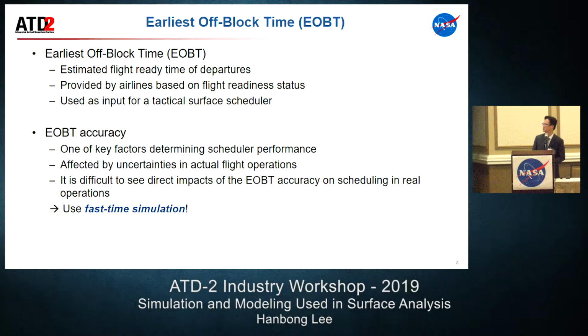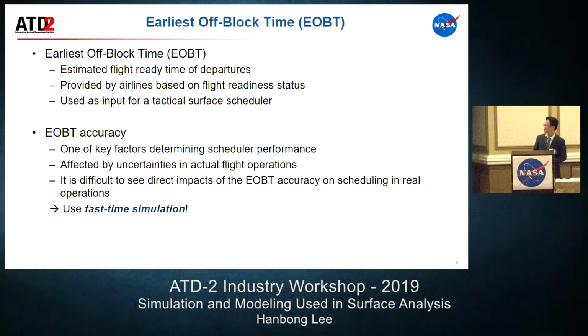I think you guys have already heard about the EOBT a lot in this workshop. Basically, the EOBT values are provided by airlines based on their flight readiness status, including the turnaround time at the gate, the passenger boarding progress, and the baggage loading rate.